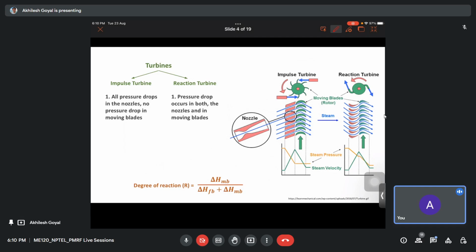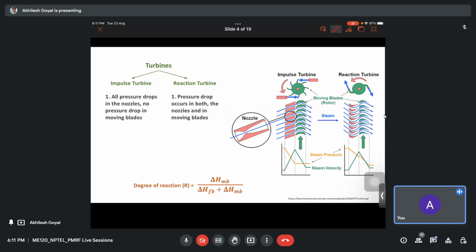In the impulse turbine, all the pressure is dropped in the nozzles only, and then from the nozzles comes out a high velocity steam jet, and this high velocity steam jet impinges on the moving blades, transfers the momentum to the blades, and this transfer of momentum, the impulse principle, is solely responsible for the energy transfer to the moving blades, thus to the shaft, and then we get the turbine work WT out of the shaft.